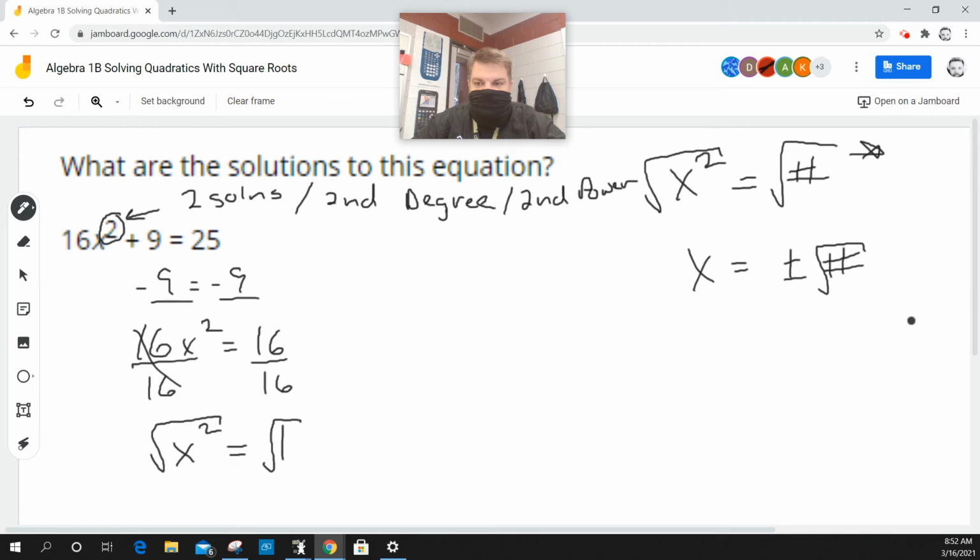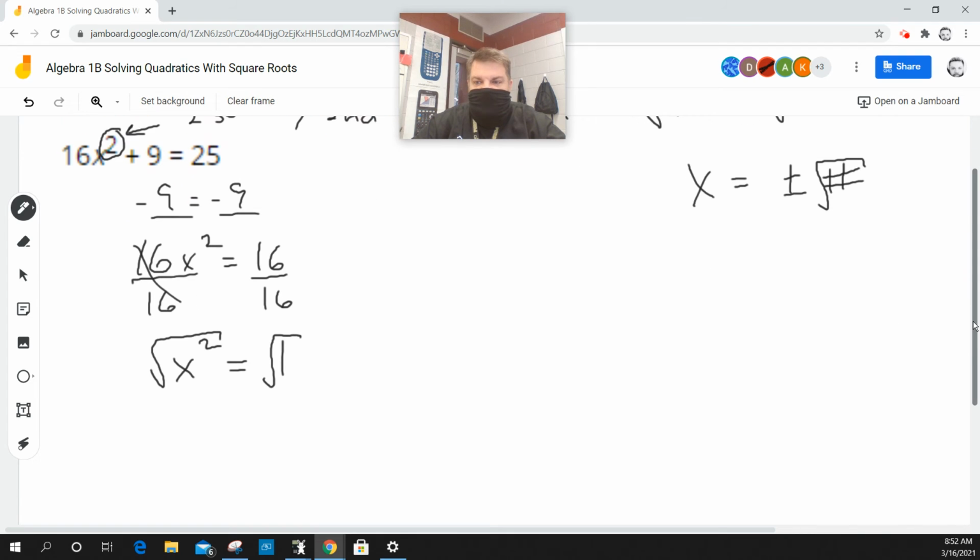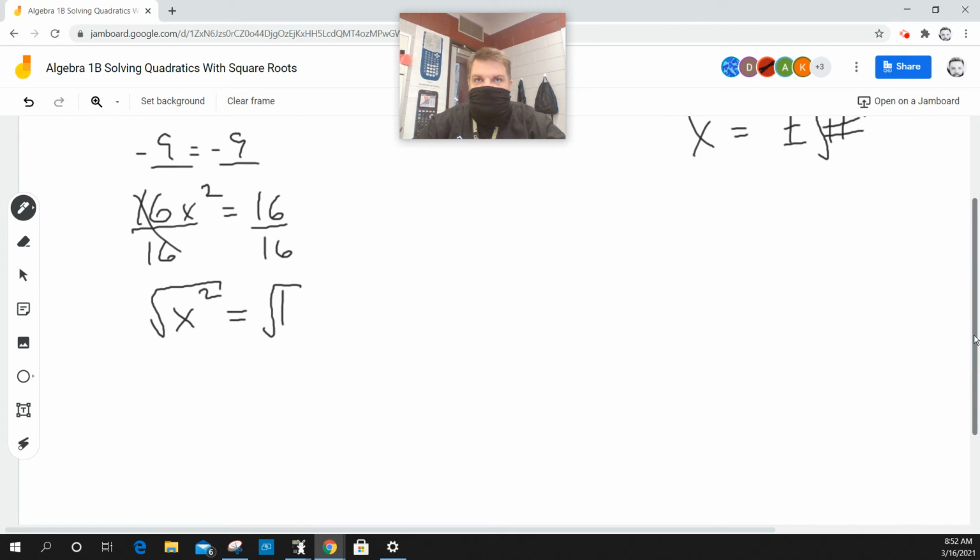But when I do that, remember I have to not only remember what we call the principal root, but there's a negative root too. So when you take the square root, in other words, I've got to think of a number that when I multiply it by itself, it equals 1. So 1 times 1 equals 1. In other words, 1 squared equals 1.